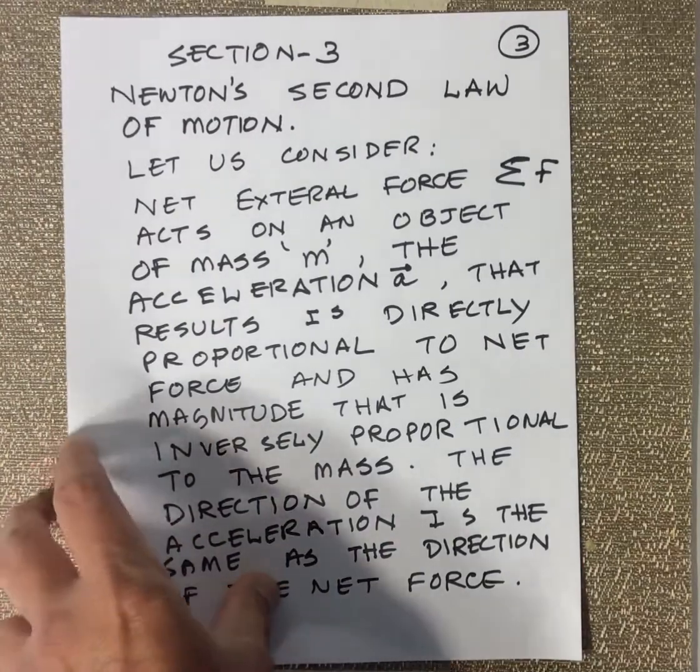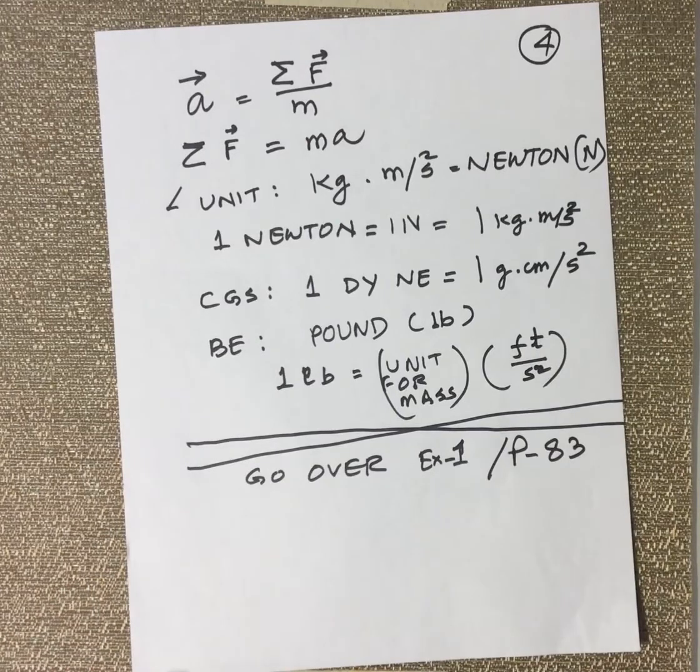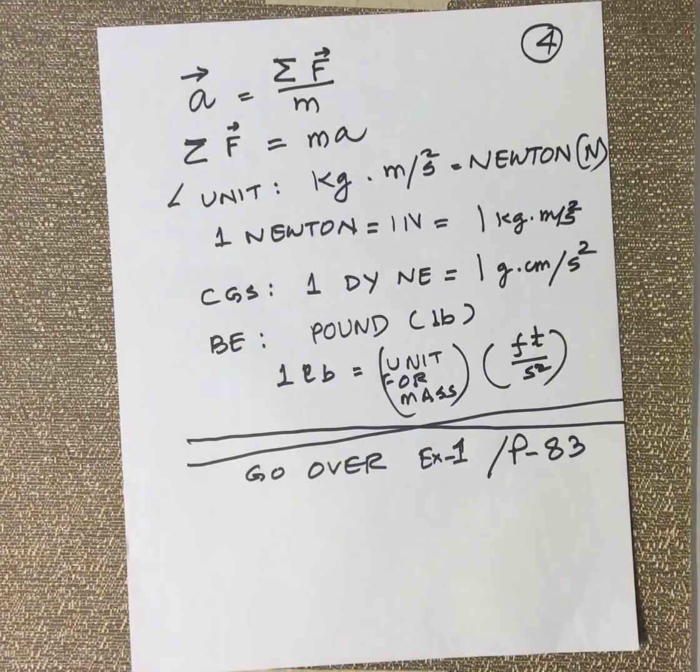So we can derive an equation now. Look at this. We have acceleration equals the sum of all the forces divided by mass, or the sum of all forces equals mass times acceleration.